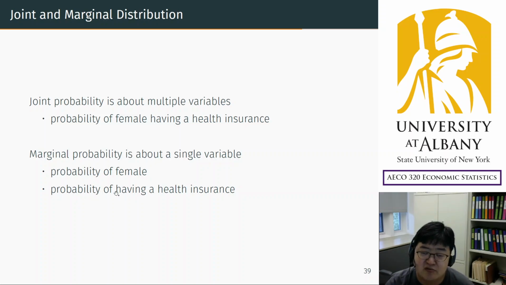But the conclusion is that these probabilities are not complete. So from this information, you cannot recover the full probability. That's the key observation, the conclusion in this part.